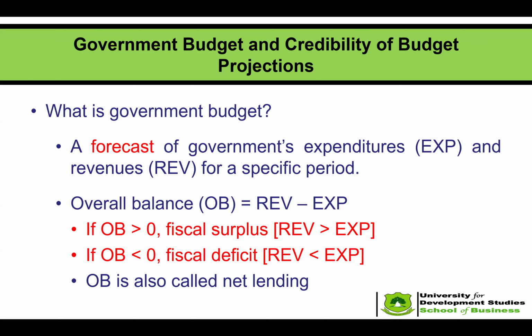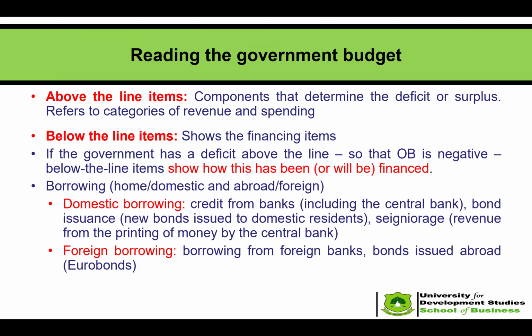However, if you spend more than you earn, which means you have less revenue and your expenditure is more, you have what is called the negative overall balance or fiscal deficit. In Ghana, for the most part, we have a negative overall balance. In other words, we are always running into deficit. And this overall balance is also called the net lending.